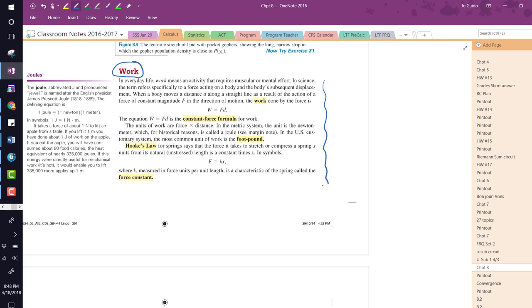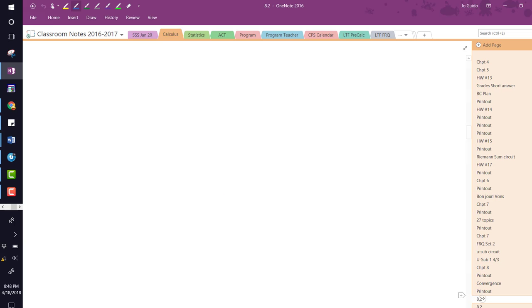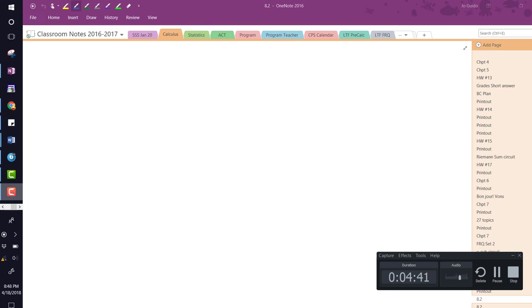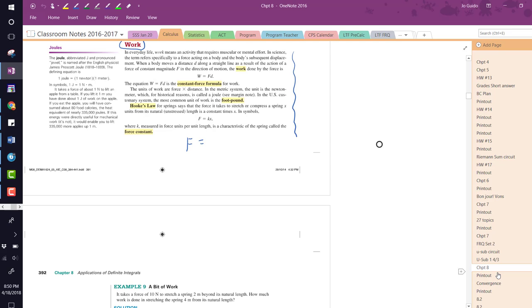And know that in math, what we're concerned with is that force is equal to a constant, K. Using Hooke's law and just looking at the math of it, force is equal to a constant K times X. So the force it takes to stretch or compress a spring X units from its unstressed length is a constant K times X, and X is the number of units we want to move it.